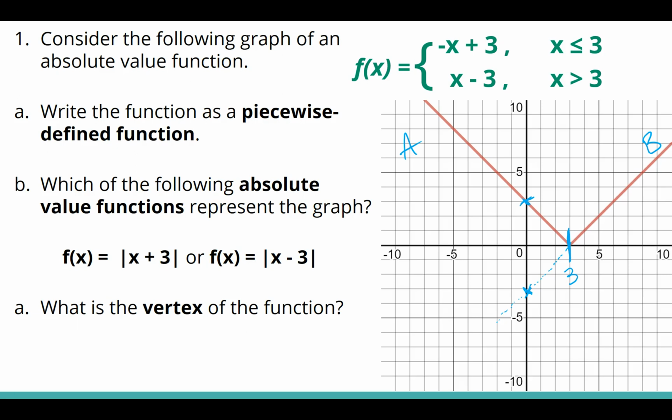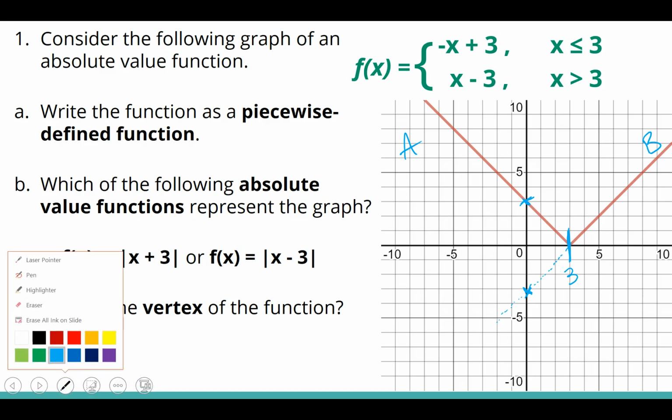So I have a piecewise function of the pieces separately. The absolute value function is all of it put together. Looking at my absolute value functions, I have inside of my bars x plus 3 and x minus 3. Which one of those do you think it's going to be equal to? Why do y'all want to say minus 3? What did the vertex do?